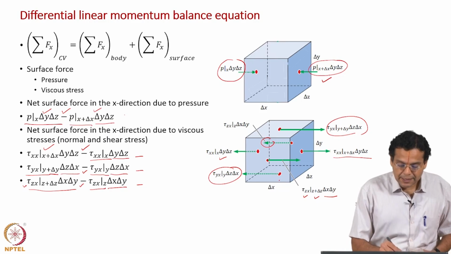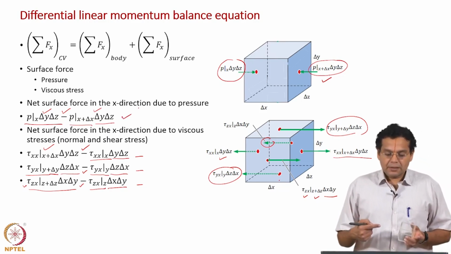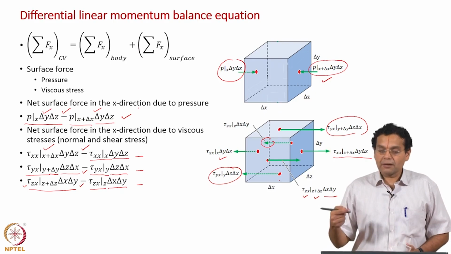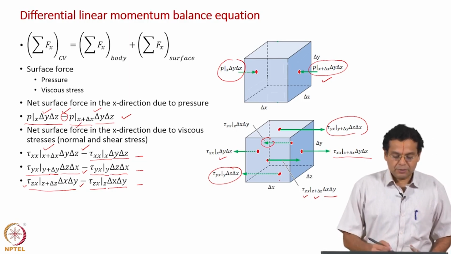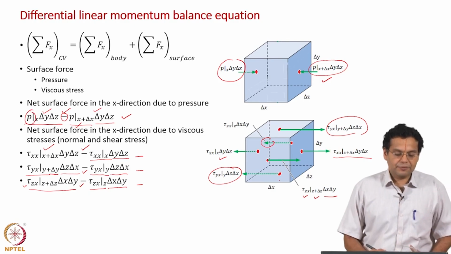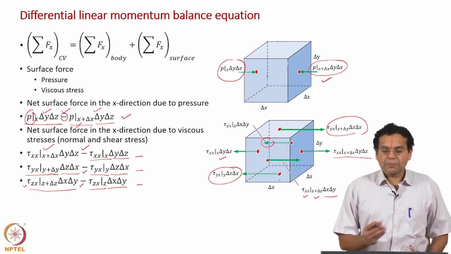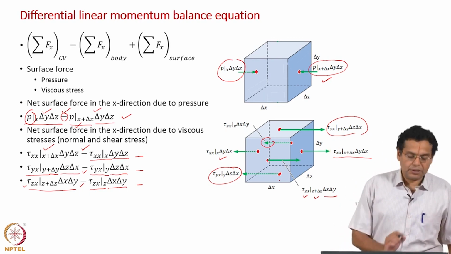If you look at pressure, because it is compressive and because on the positive face it acts along the negative direction, you have a minus sign associated with the pressure at x plus delta x. So it is opposite to what we have here, and of course pressure at the x face is along the positive axis, and that is why we have P evaluated at x and that has a positive sign associated with it.